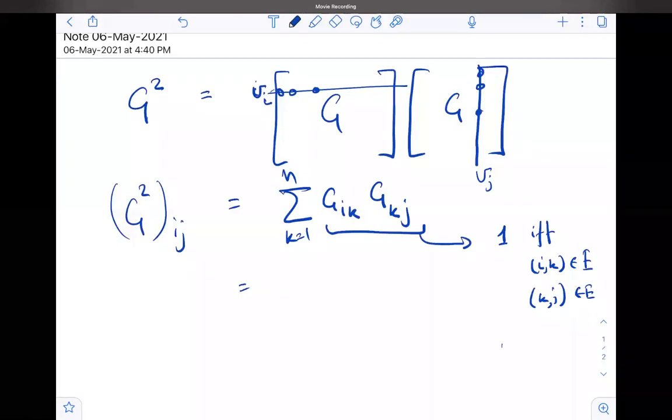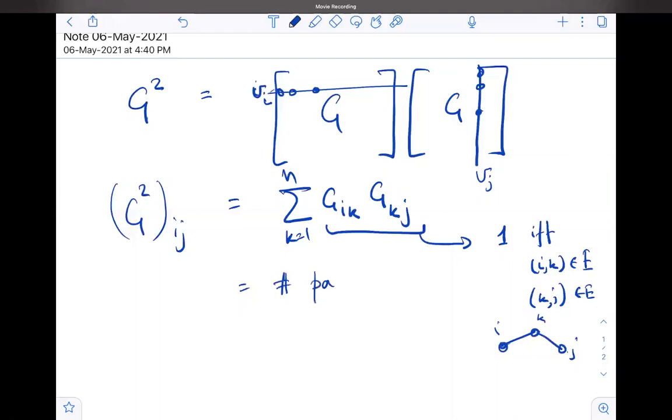So basically that means the number of ways I can reach j from i by a path of length 2 is exactly this. So this is the number of paths of length 2 from i to j.